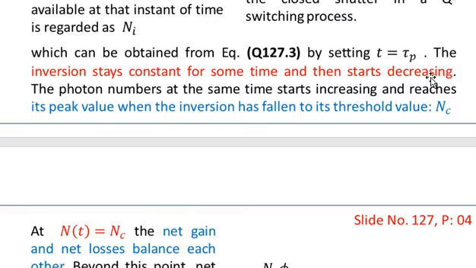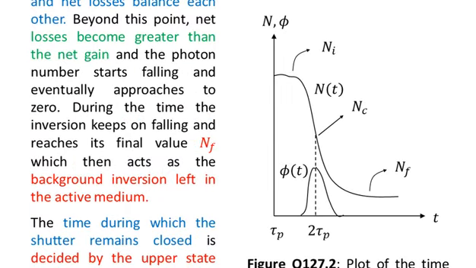The photon number at the same time starts increasing and reaches its peak value when the inversion has fallen to its threshold value equal to NC. That is, the number of photons increases up to the point when the population inversion has decayed to its critical value. There you can see the corresponding peak in the number of photons.